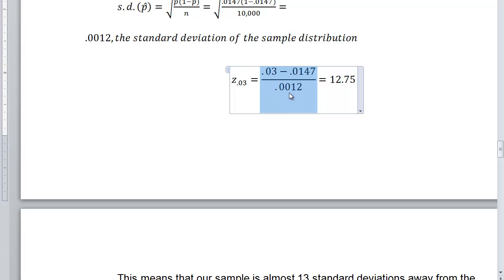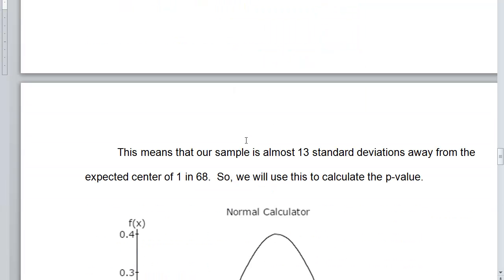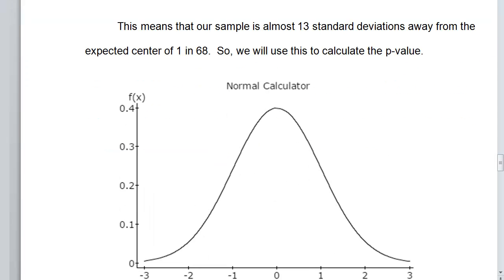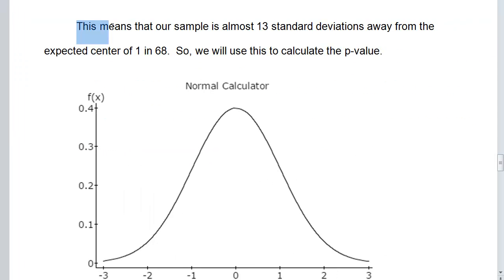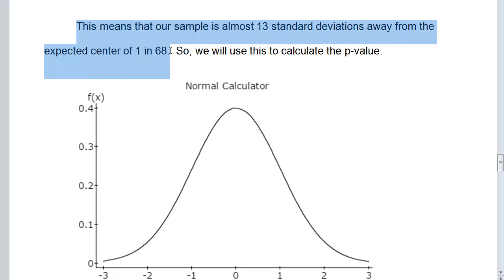And so again, if I plug this into the calculator using parentheses in the numerator, what I get is 12.75. Okay? Now, this means that our sample is almost 13 standard deviations away from the expected center of 1 in 68.